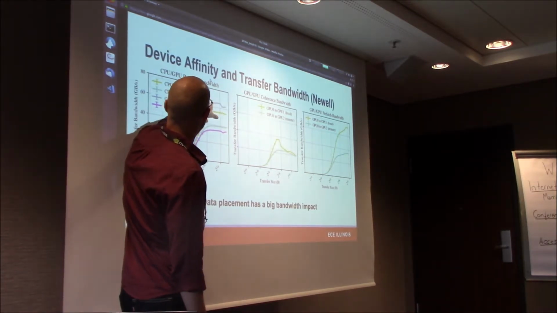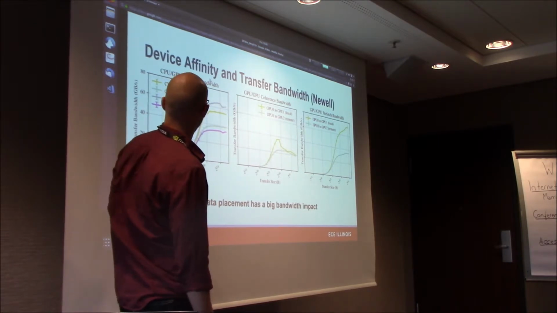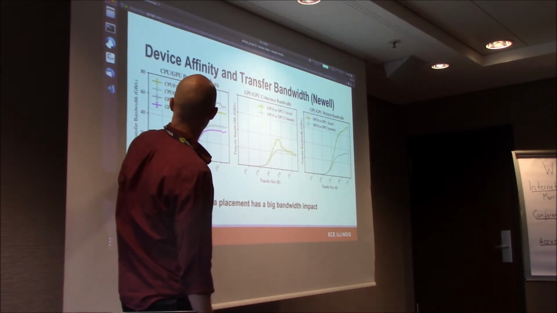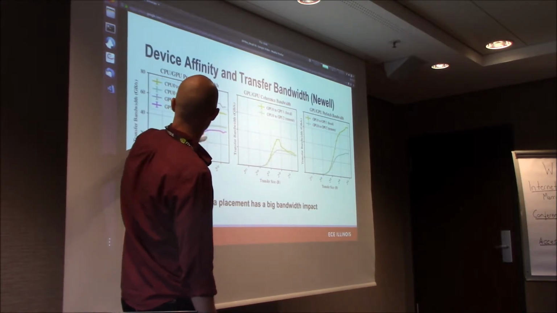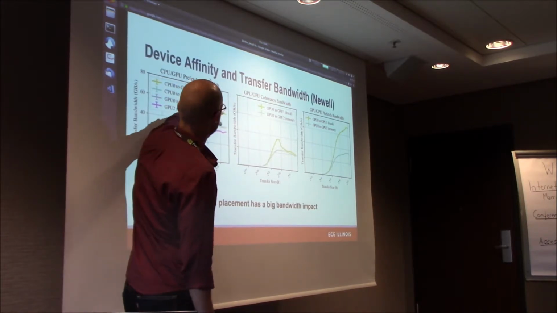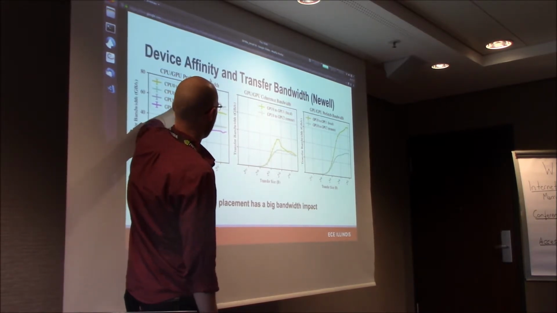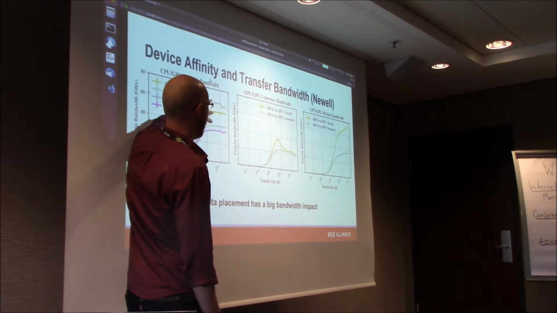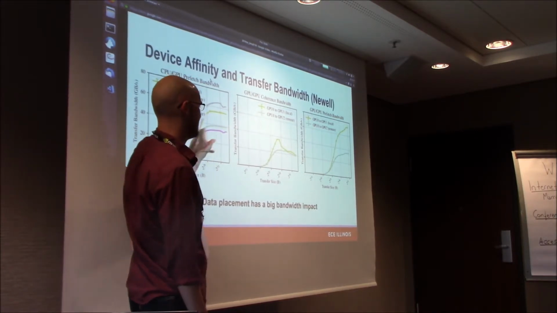This is remote and local. So actually, in this one, the remote is faster than the local. And on GPU to CPU, the local is faster than the, oh wait, no, sorry. Yeah, sorry, these are local transfers and these are remote transfers. So, yeah, the local transfers, when the GPU is attached directly to the CPU, are much faster than a transfer that has to go over the X bus.